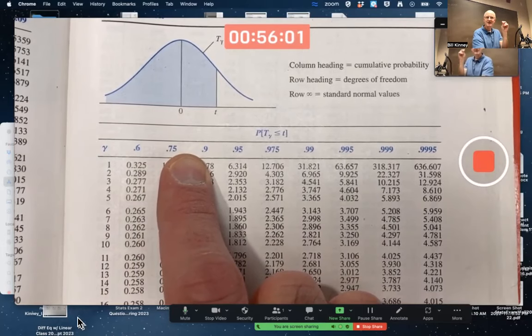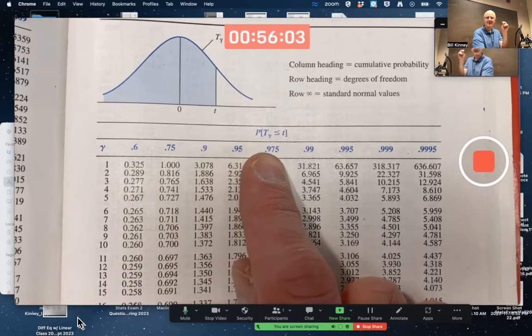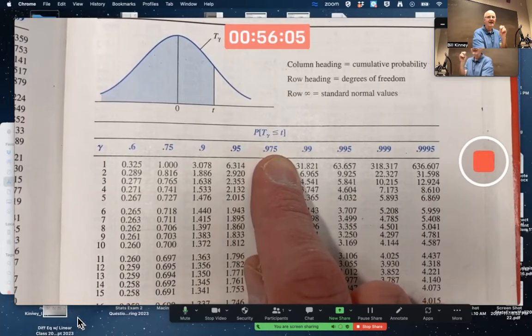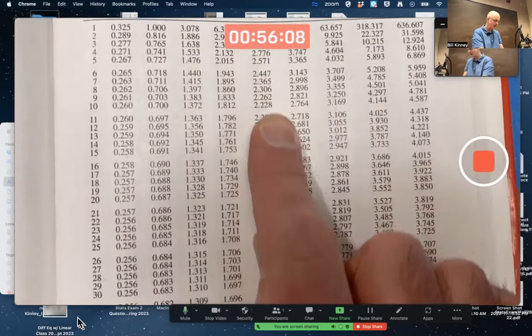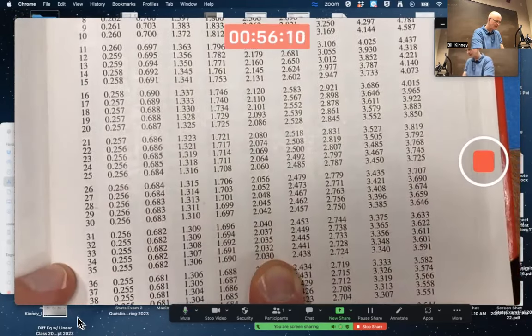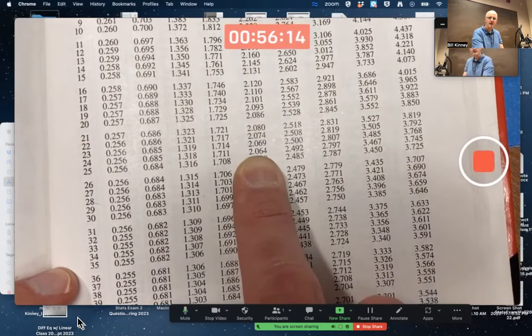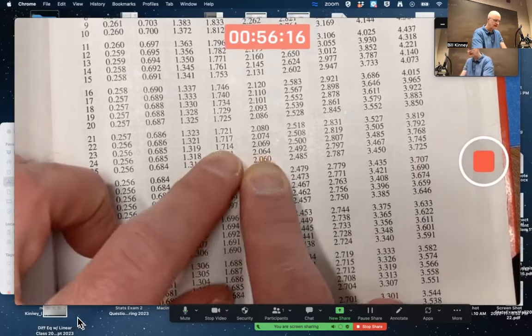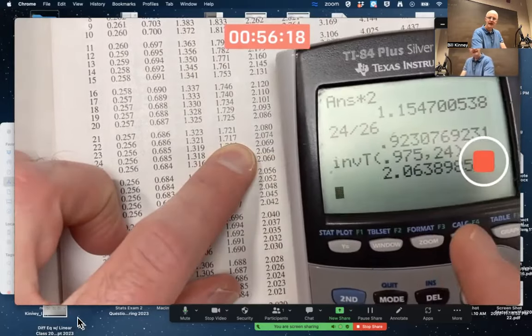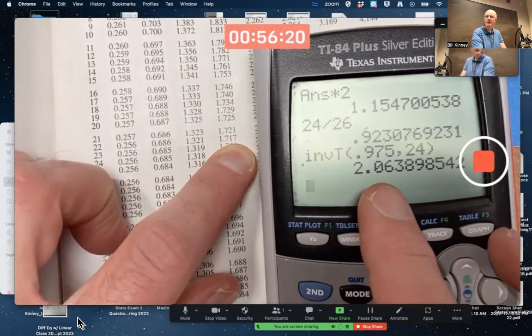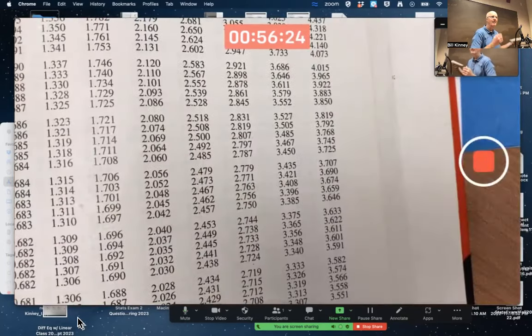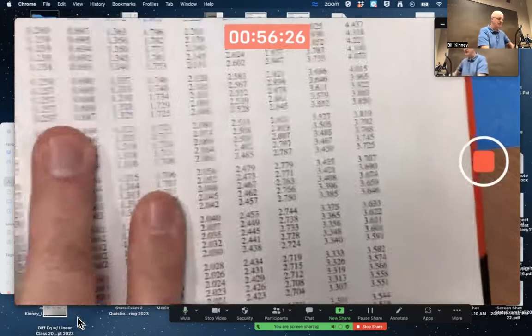Our subscript was 0.025, so we're looking for 0.975 right there. Go down to 24 degrees of freedom. 2.064. And that's what you would plug in.